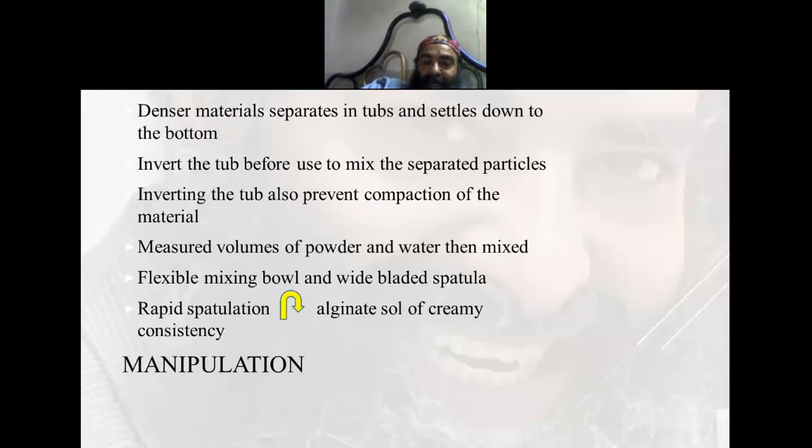And what is this material? This is alginate, and these are the irreversible hydrocolloids. Denser materials are obviously present in alginates, especially in tubs, and they usually settle down to the bottom.